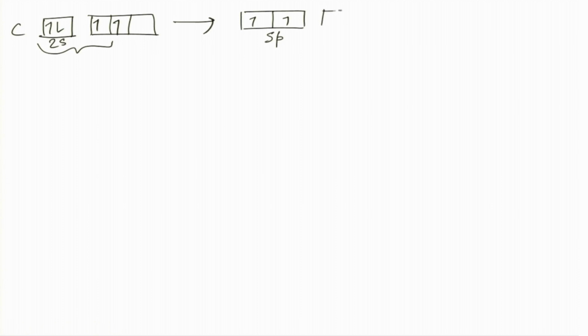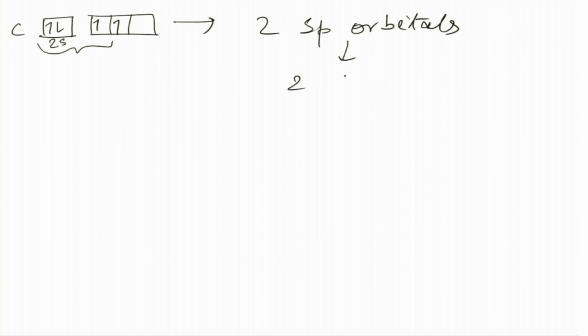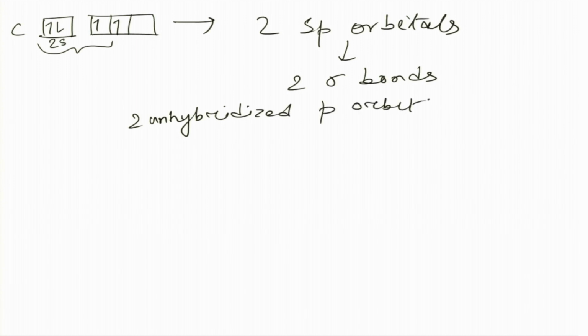And we have 2 p orbitals left, which are unhybridized. So sp hybridization will have 2 sp orbitals which will form 2 sigma bonds, and 2 unhybridized p orbitals will form 2 pi bonds.